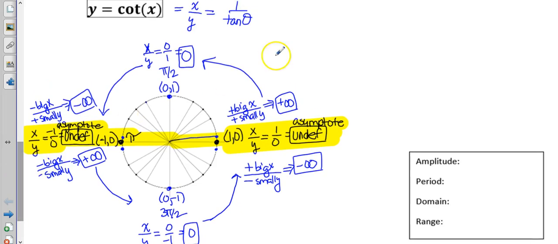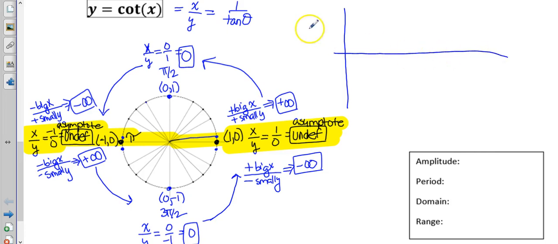So your space here to the right is intended for cotangent, and we're going to go once more 0 to 2 pi. Cut that in half at pi, half again.